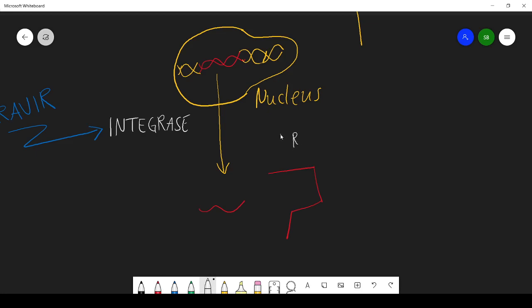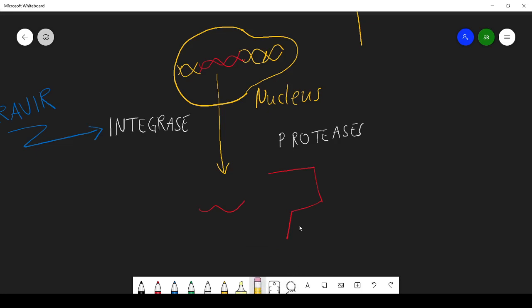So these are viral proteases. It's one of the things that it makes from its DNA. It makes these proteases, and that breaks these up into the component proteins.